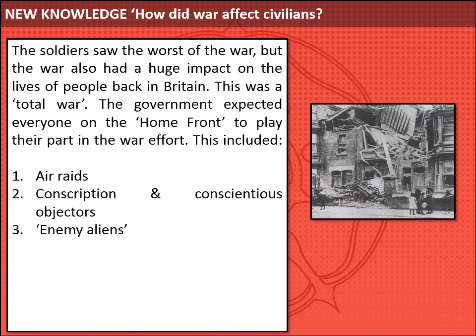Enemy aliens. Now, these were aliens, not the real aliens. They were Germans, Austrians, Hungarians, and Turks, okay, that were considered the enemy. And if you were of that population, then you had to be interned.